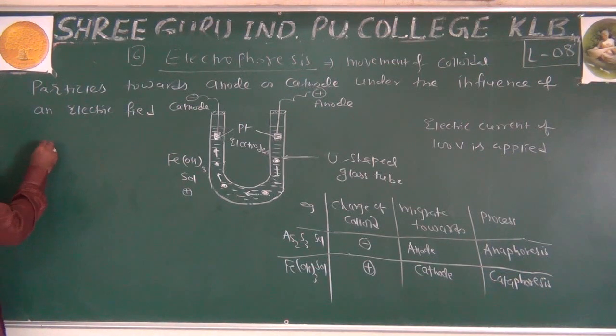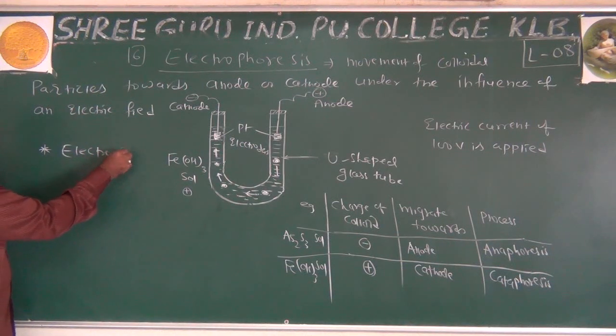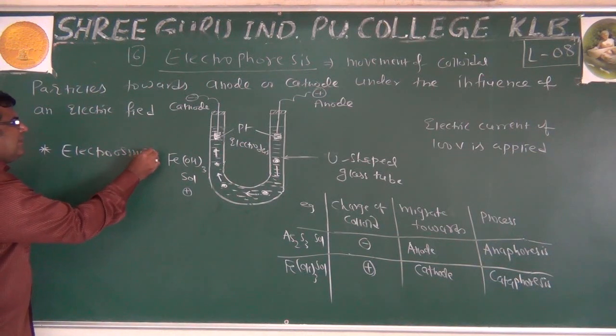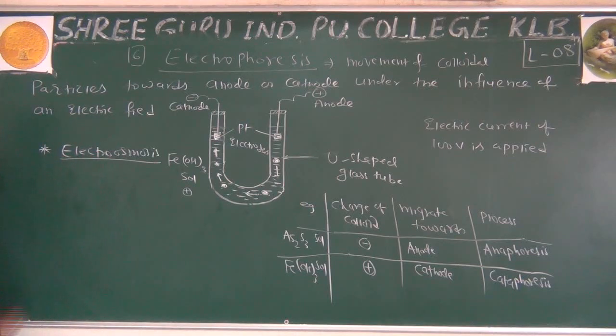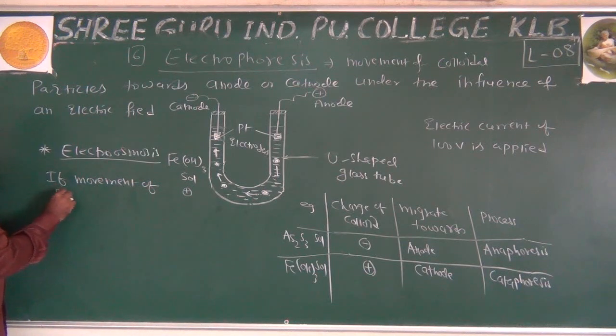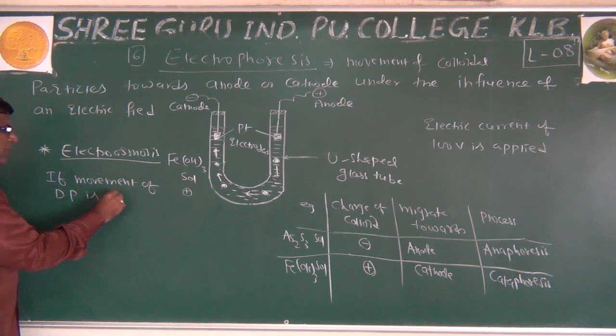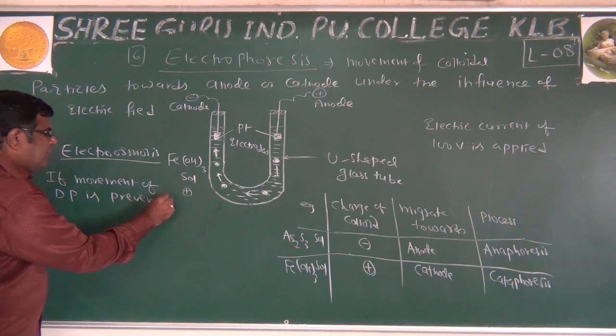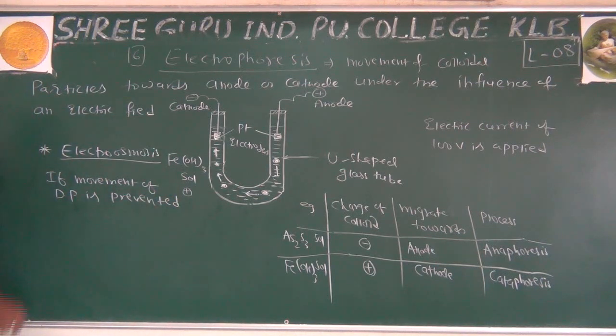Now in electrophoresis only, there is one another phenomenon called electroosmosis. What is electroosmosis? See that if movement of dispersed phase is prevented, how is it prevented?